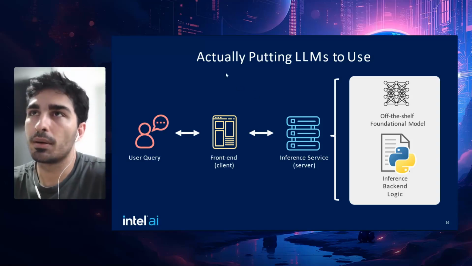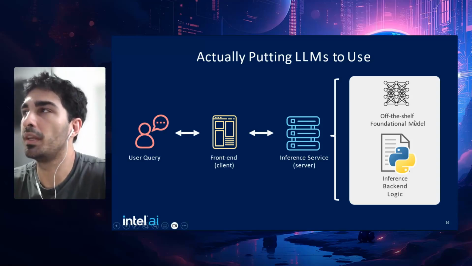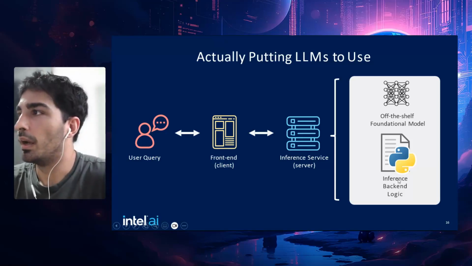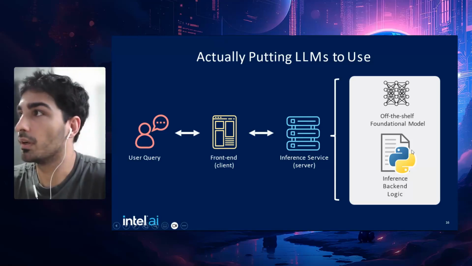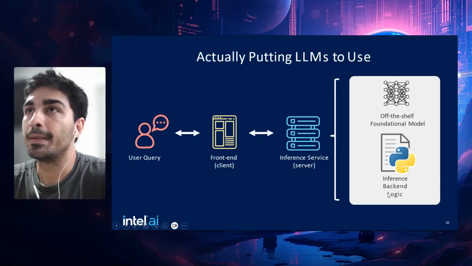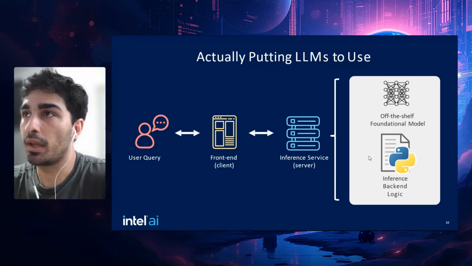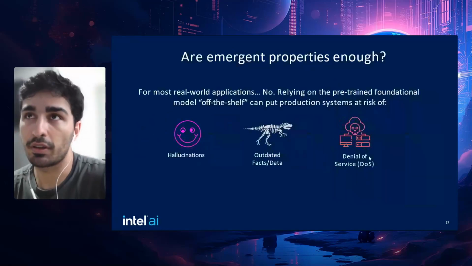This is going to reach the server side, and the server side is going to make use of this foundational model that we talked about. And all the inference backend logic is going to be run in Python. This is the full architecture. It's pretty simple. All of the LLMs online use this architecture.